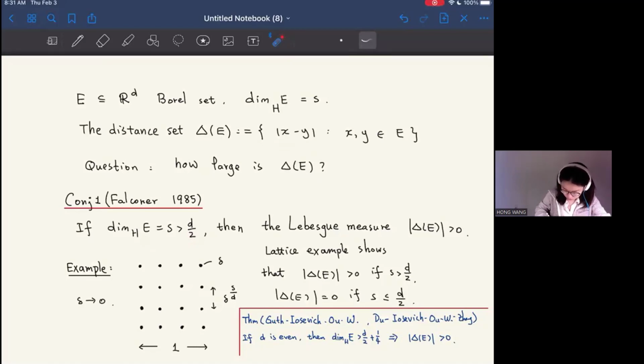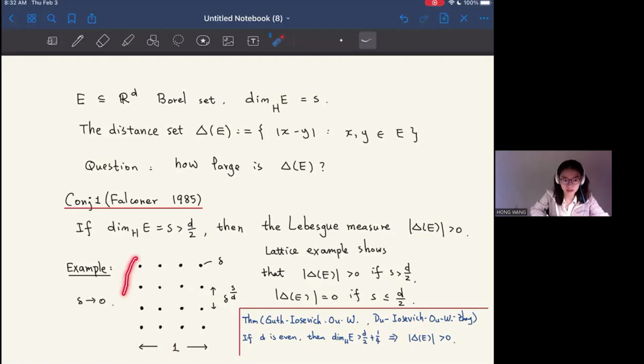The reason for this conjecture can be explained by the following example. We can consider a collection of delta balls in R^d, centered at rescaled lattice points, and the distance between them is about delta to the s/d.